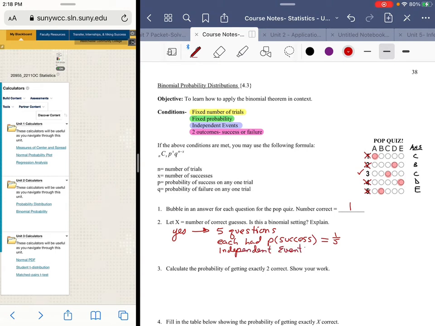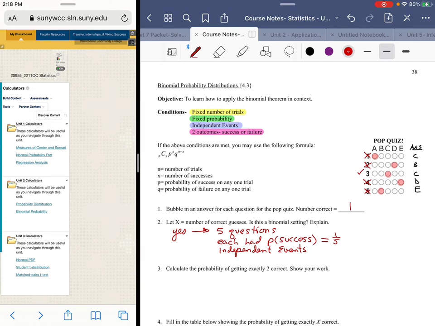We can look at that strictly from a probability standpoint, but we could also look at it from, I'll call it a common sense standpoint. If I got question 1 right, that doesn't mean I can no longer get any of the other questions right. But I could also look at it another way. This is more in line with independent events. All the choices are available to me for each question. All right? Independent events is really talking about that.